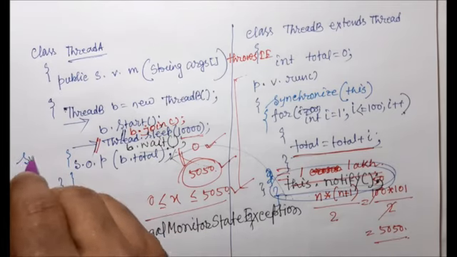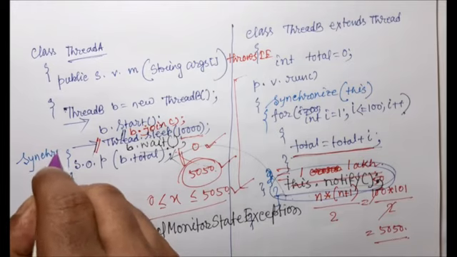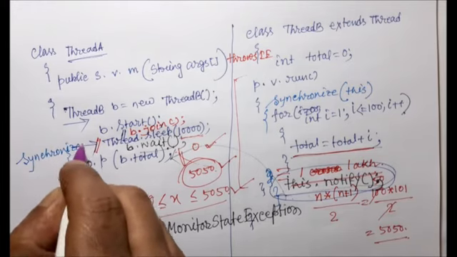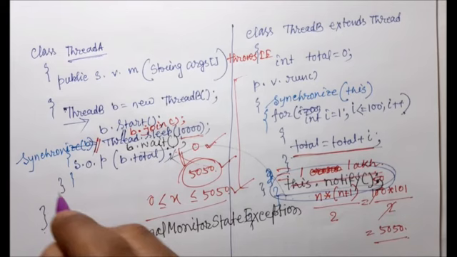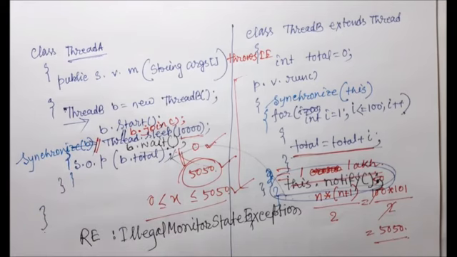So I will write synchronized(B). Understand? Then we will put System.out.println(B.total). Now it is okay, now I will get the output. I will not waste any time.